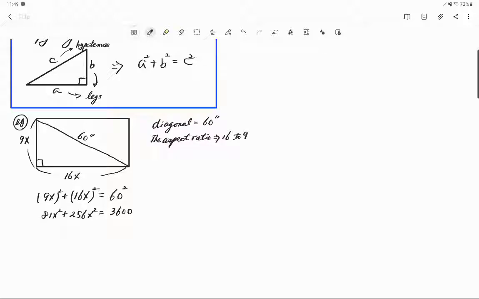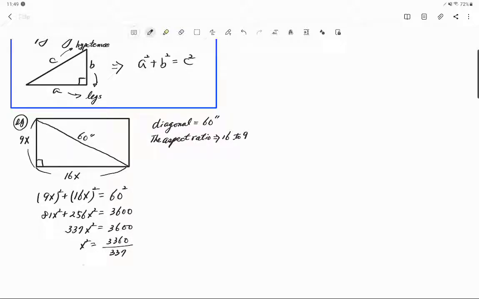Combine these two, so 337 x squared is equal to 3,600. Divide each side by 337.